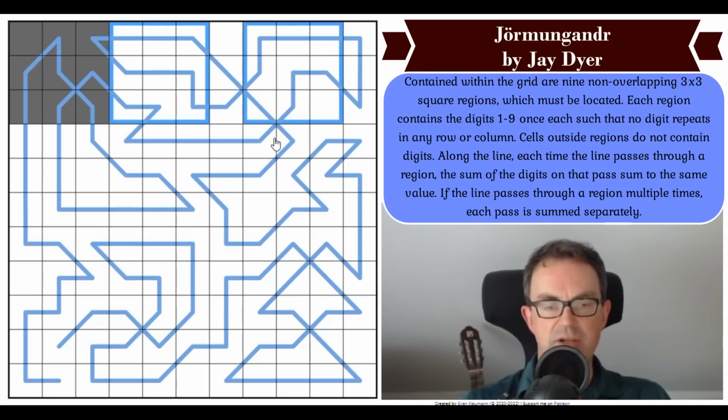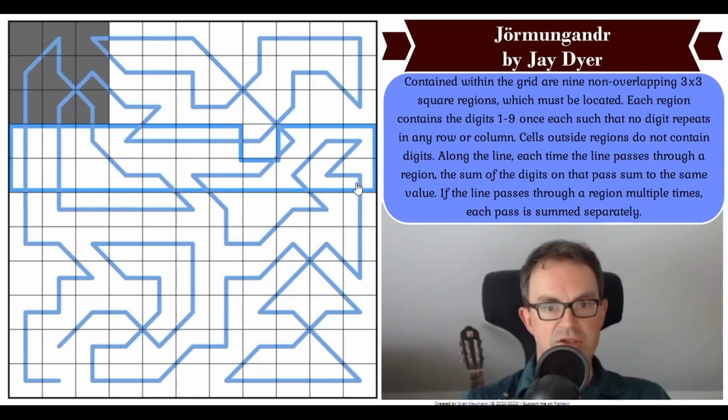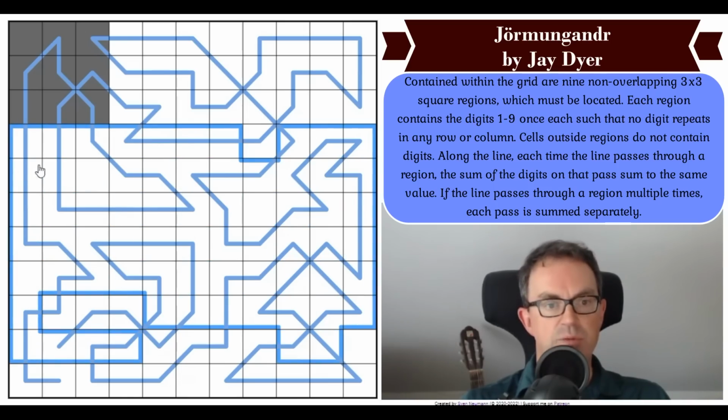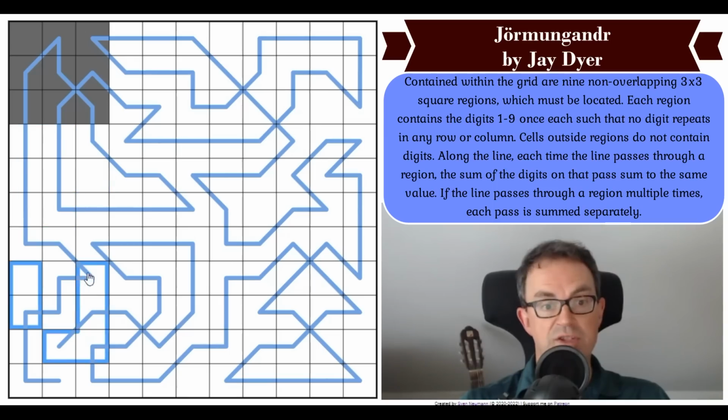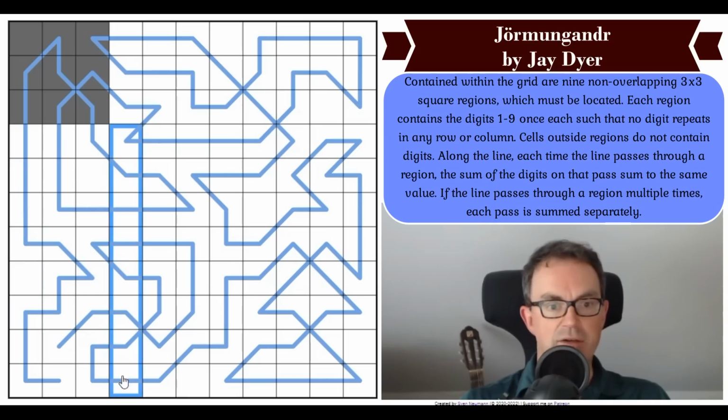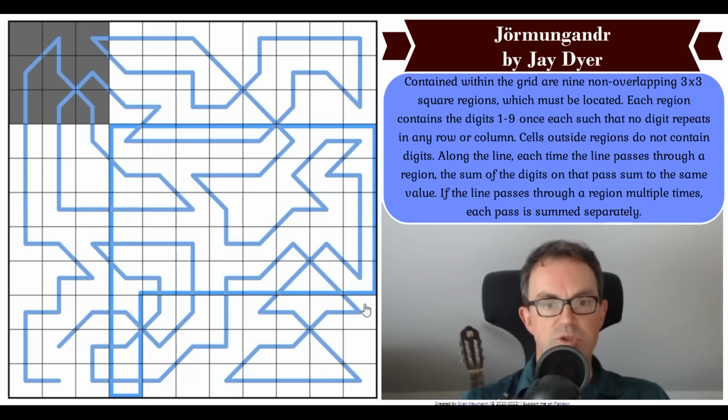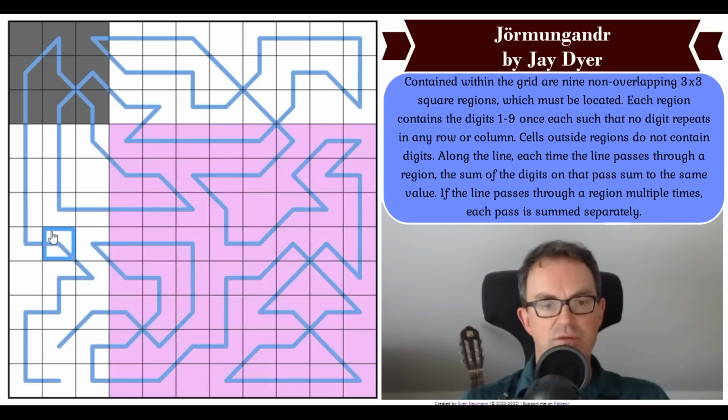There's not enough space to fit in 3 along the top, and that means that you need to put 7 regions into this section of the grid. And because you can put no more than 2 in this column, again, now you're faced with the task, and hopefully you're seeing where this is going, of putting 5 non-overlapping 3x3 boxes into that section of the grid.